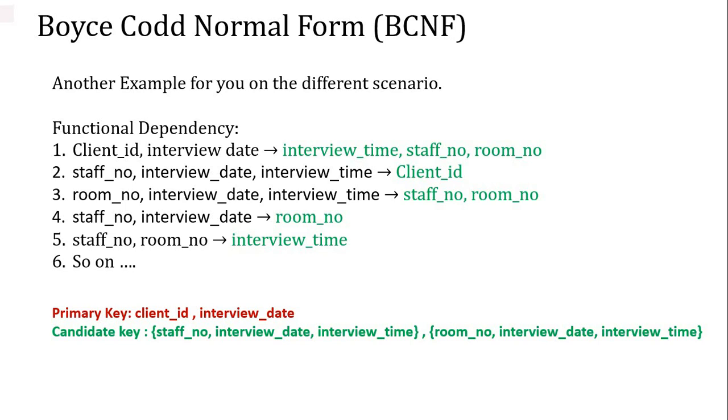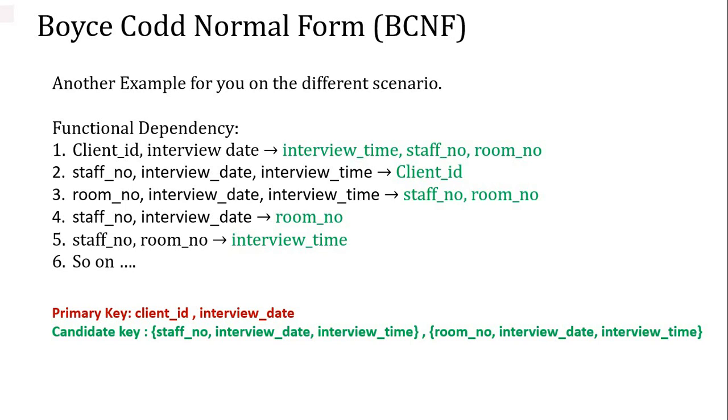So that is again violating the rule, so it is not working. Only rule number 2, staff number, interview date and interview time determines client ID, it is in the cluster A, and it doesn't return the same table. As it doesn't return the same table, we can say that it can make a table from the cluster A.